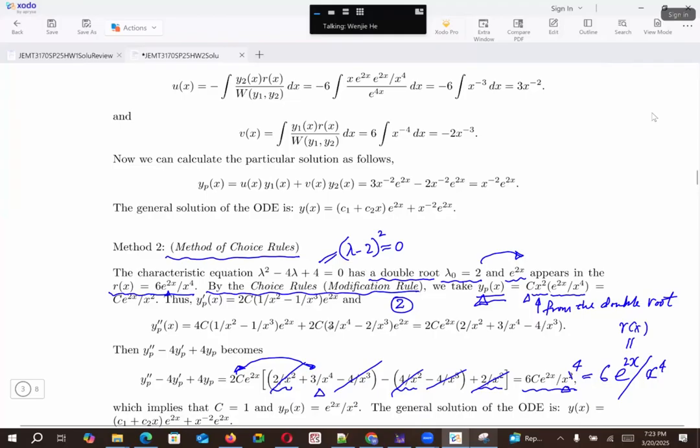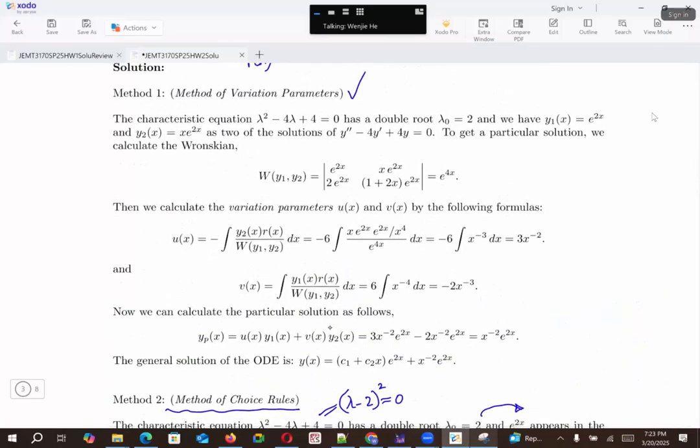Then c equals 1, because 6c equals 6, c equals 1. So yp equals this. The same answer as we got from variation of parameters. So with variation of parameters, we get the same answer.